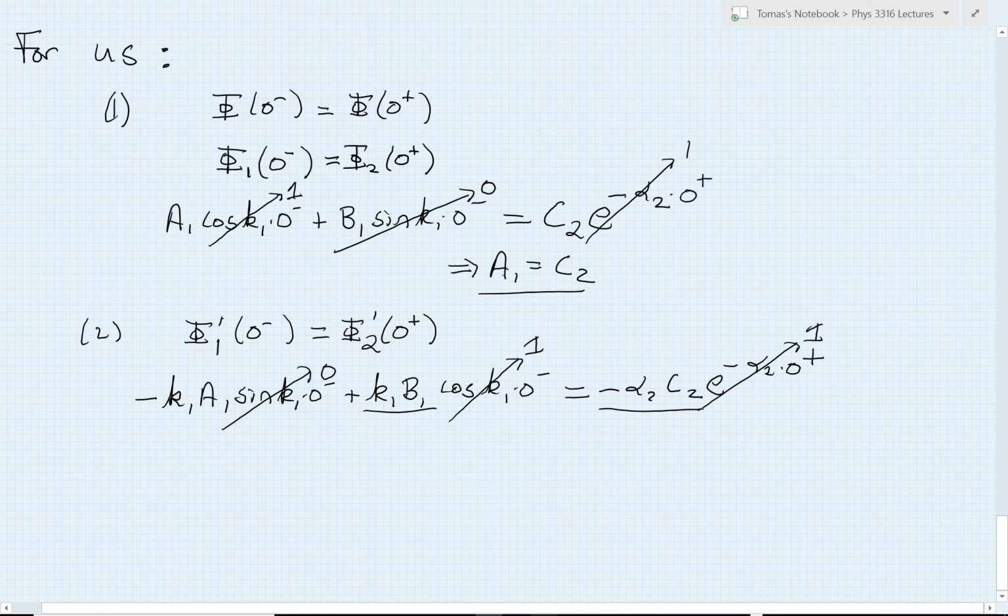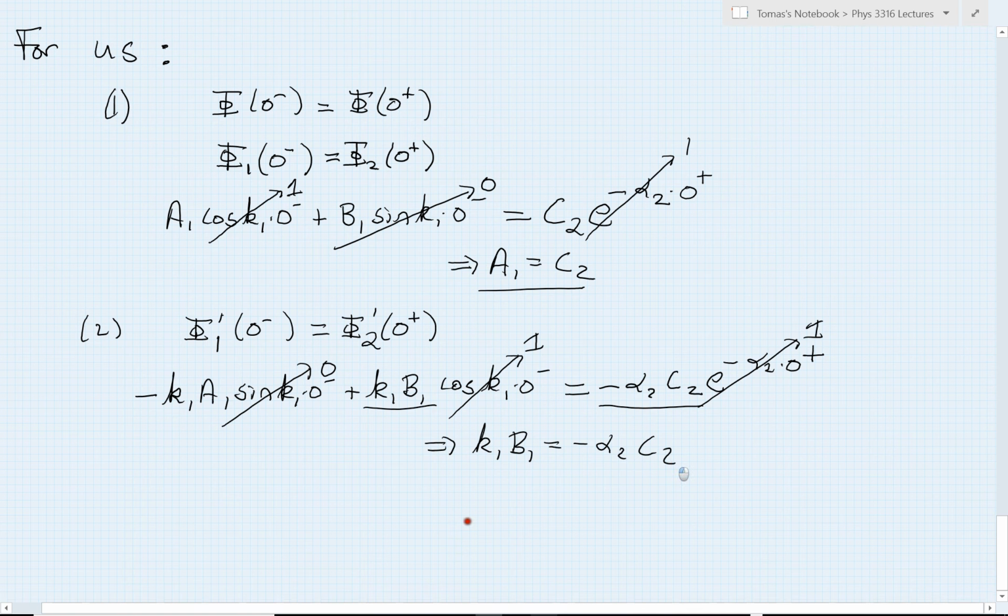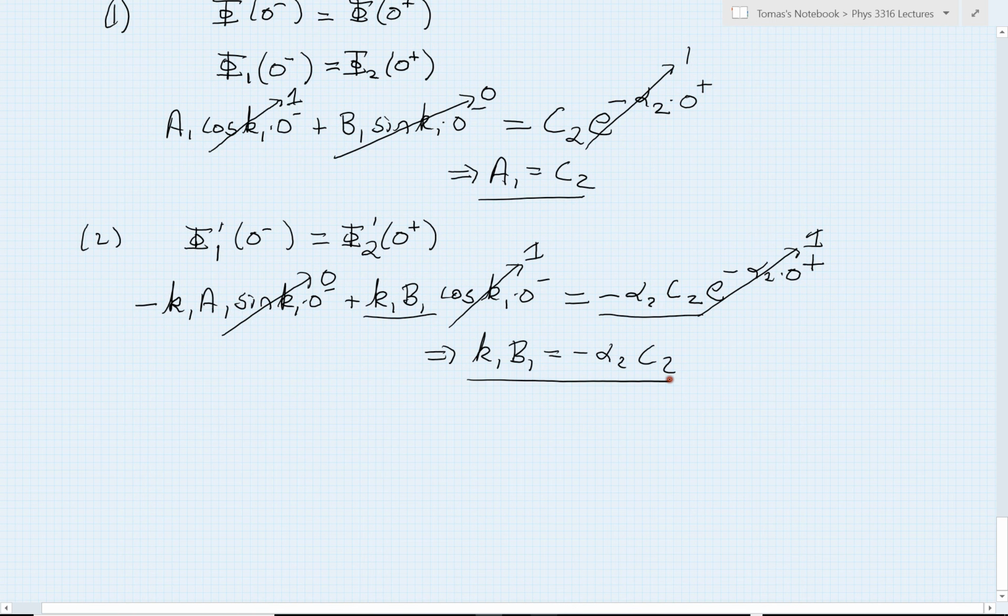So I can now actually solve these two equations. Let's just write it down to be a little more tidy. So I just learned that k1b1 is minus alpha 2c2. That would give me my second equation. We can then solve these for our unknowns. So let's see here.